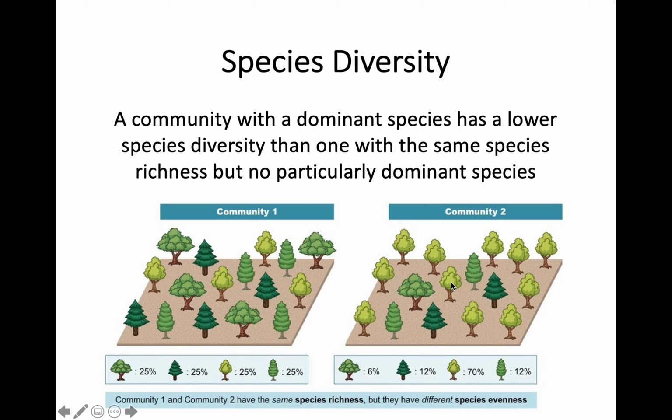Then what would happen is if you have a community or an ecosystem with a dominant species, so for example Community 2, it means that there's a lower species diversity in general than the one with the same species richness, but no particularly dominant species. So again, it's a measure of both the number of species in an ecosystem, but also the proportion of them as well. You don't want one species to just be totally dominant and take over most of the ecosystem. It's not particularly species diverse.